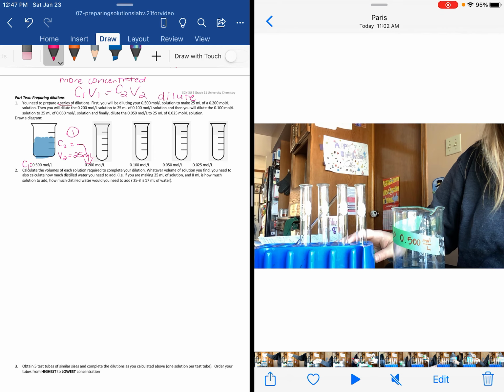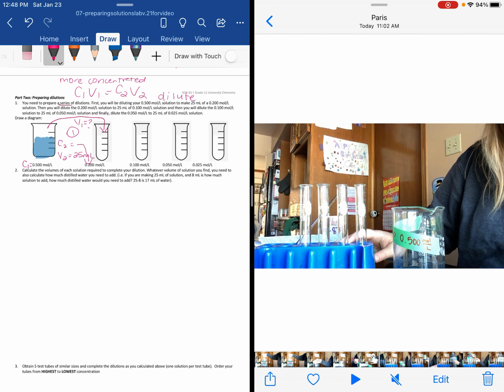But what we don't know is how much of the 0.5 do we need to take out to make 25 milliliters of 0.2.